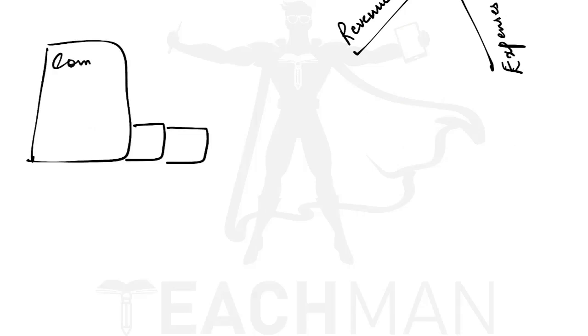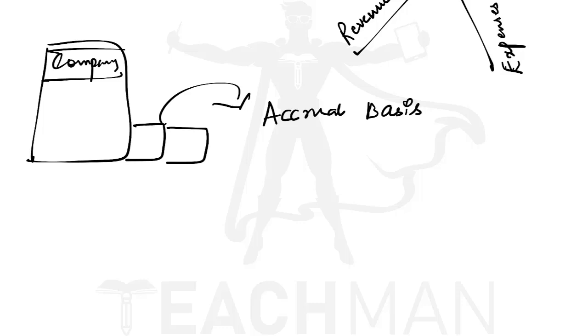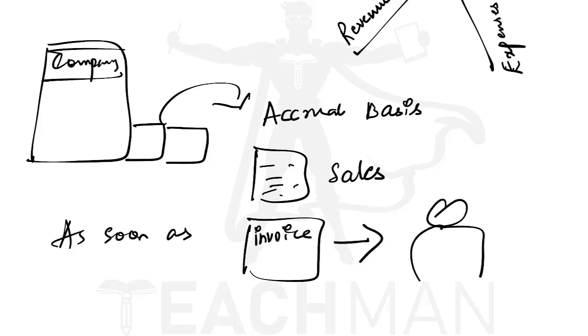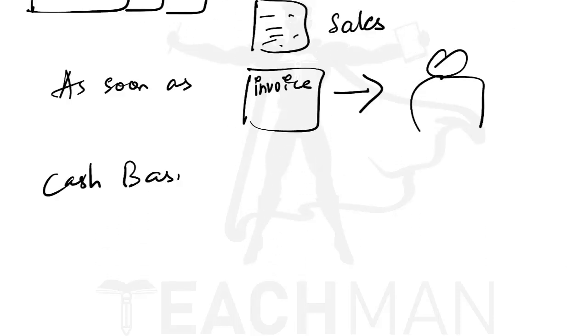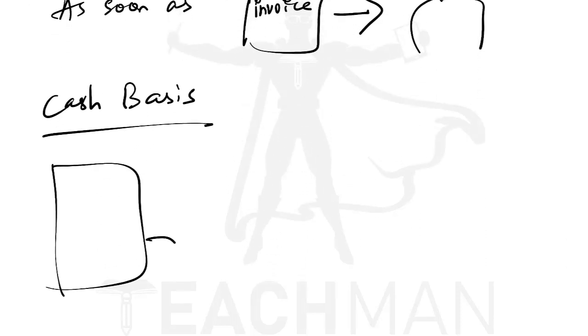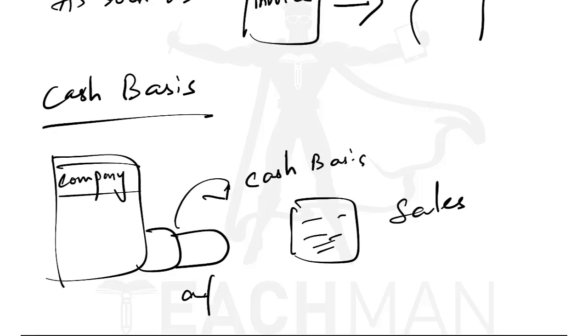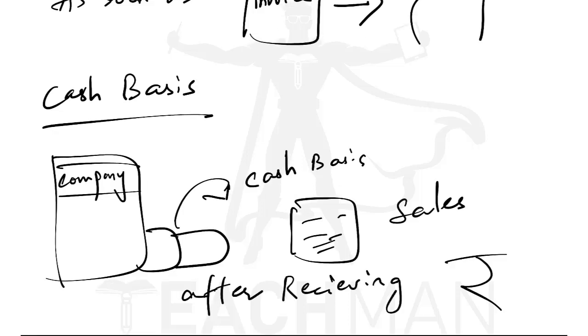A company operating under accrual basis will record sales as soon as it issues invoice to the customer. Whereas if it was on cash basis, the company would record sale after receiving the payment.